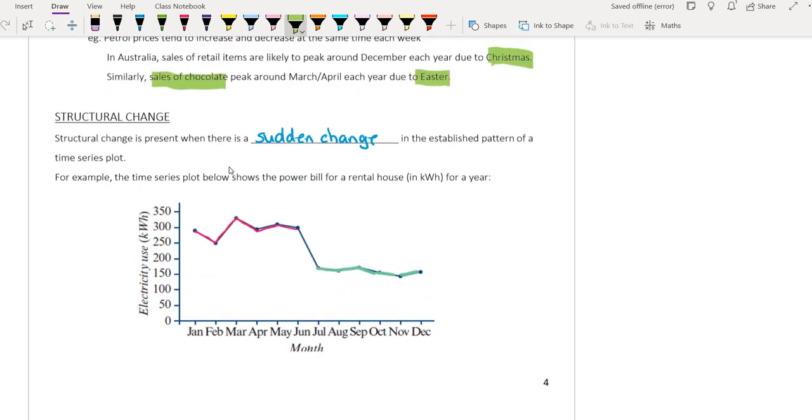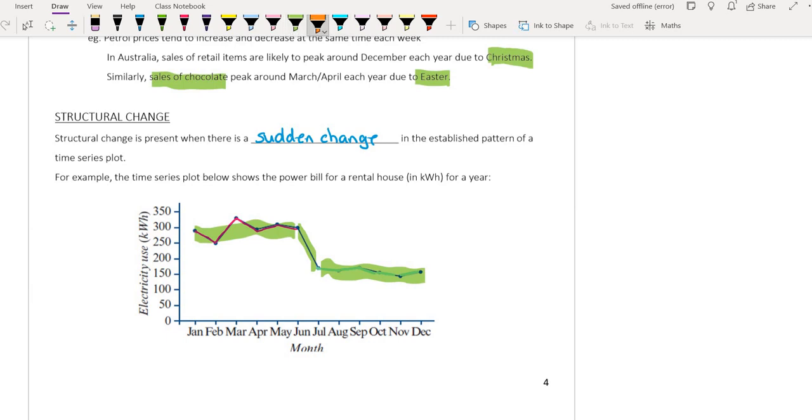And the next thing we're looking at in our time series data is structural change. We say there's a structural change when there's a sudden change in the data, but the pattern of the data hasn't actually changed. So for example, this data is steady, and then there's a massive drop, and then it becomes steady again.